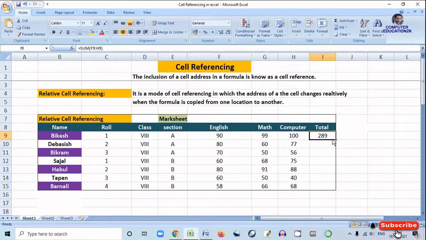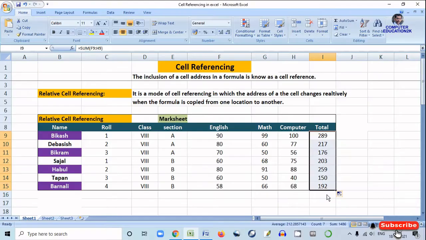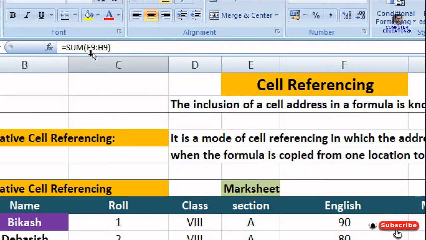Now to find the total for other students, you need to simply drag this formula down. You can see the total is found for other students. Now if you see very carefully, in this first cell where the value is 289, the cell number is F9 colon H9.